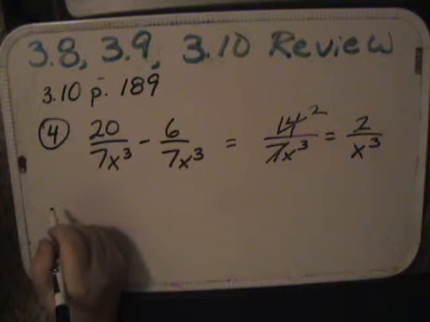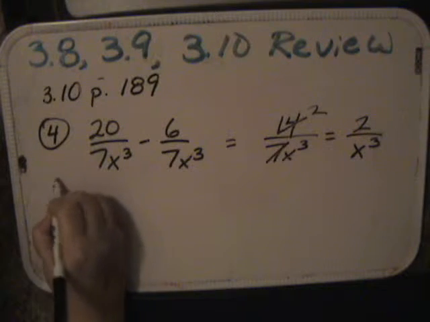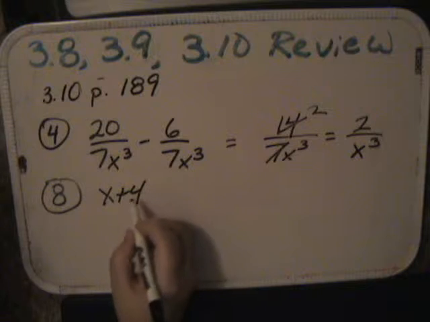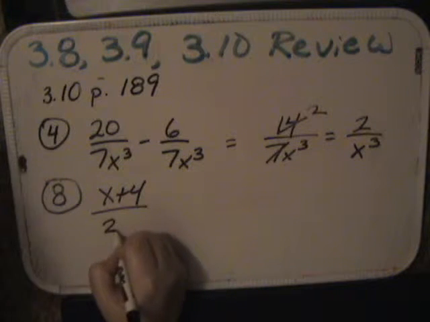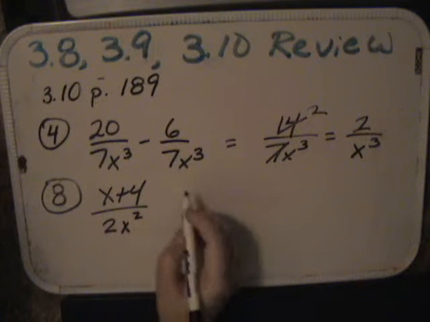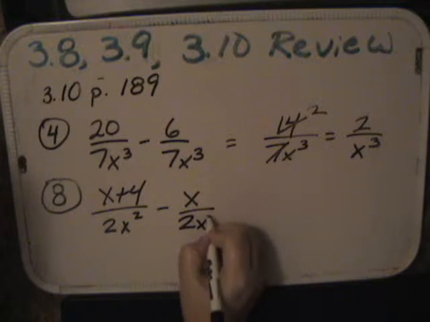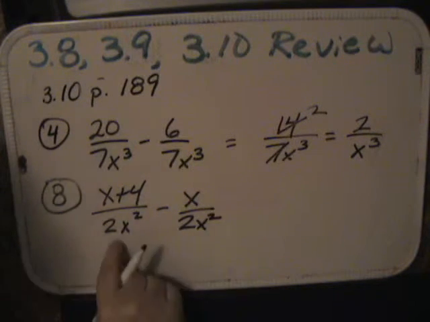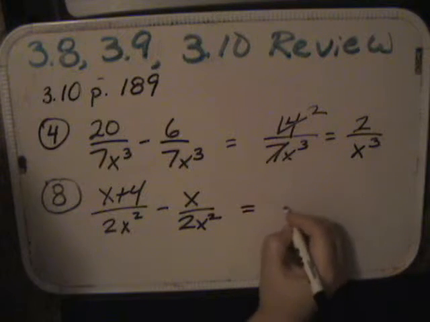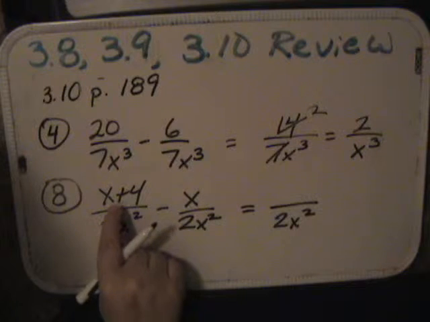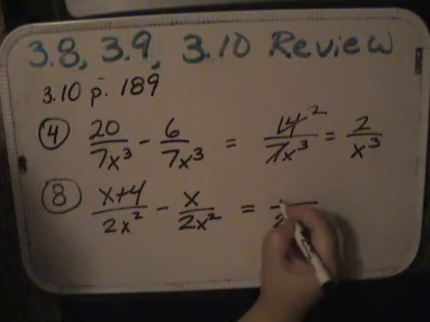Next let's do 8. Okay, 8 is x plus 4 over 2x squared minus x over 2x squared. Now in this case, we have the same denominator, so it's over 2x squared, and then the numerator is x plus 4 minus x.